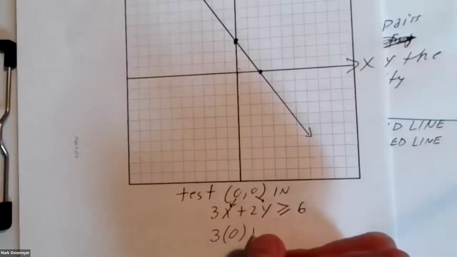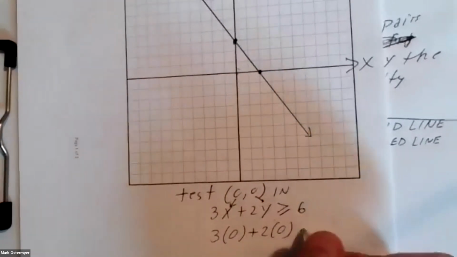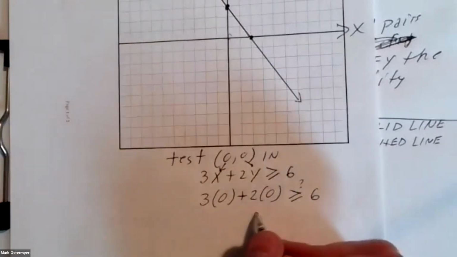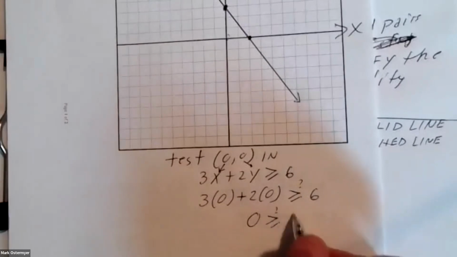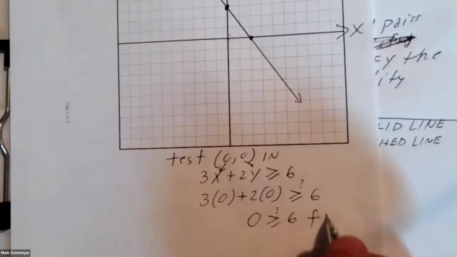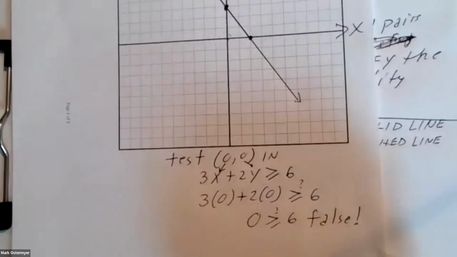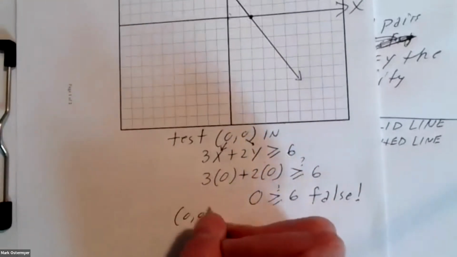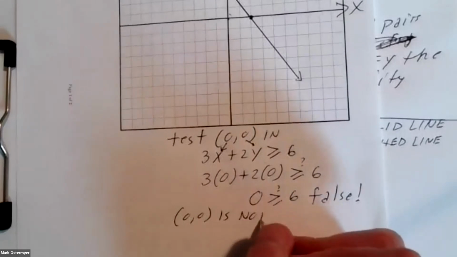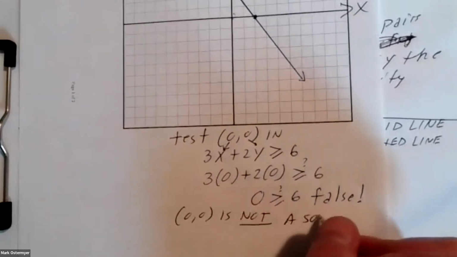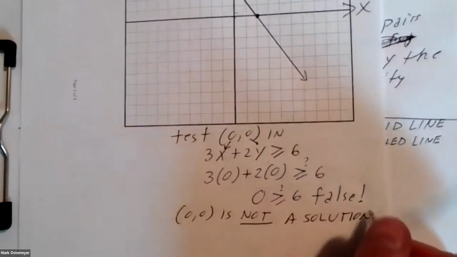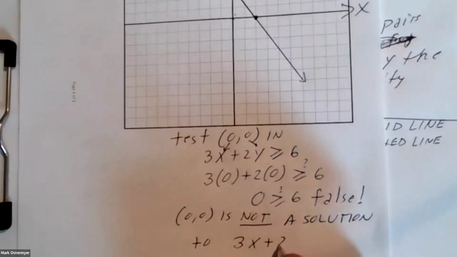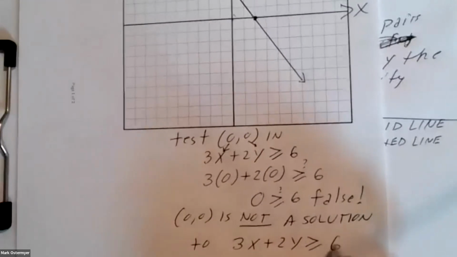Is 3 times 0 plus 2 times 0 greater than or equal to 6? Is that true or false? Is 0 greater than or equal to 6? True or false? That's false. And therefore, we have discovered that (0, 0) is not a solution to the inequality 3x plus 2y greater than or equal to 6.